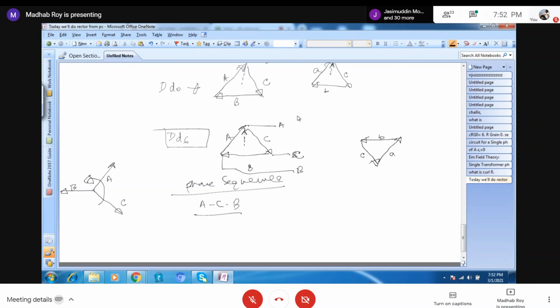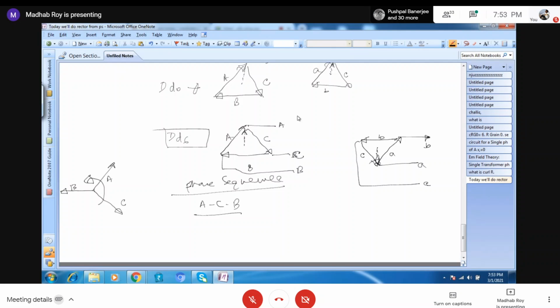But here, when it is DD6, you see this is A, this is B, and here we can say that it is the connection diagram. So now we can say that this is called DD6.